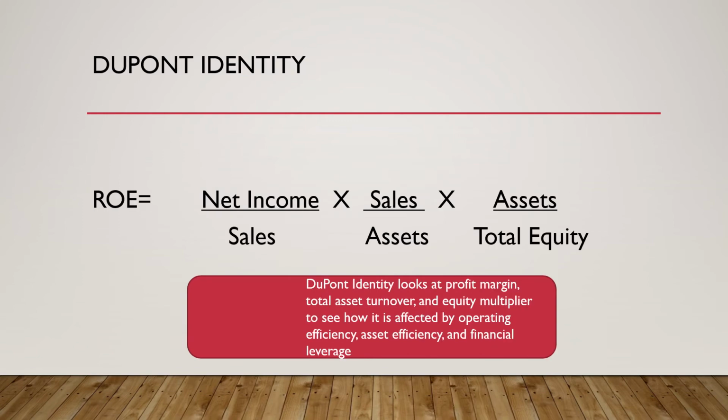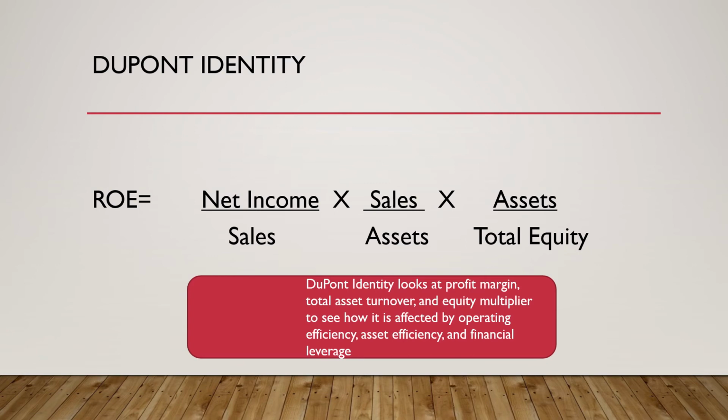The next item to look at is the Dupont Identity. This isn't a new profitability ratio, but rather it takes the other ratios, combines them, and does a little bit of math tweaking to come up with a different way to calculate the return on equity. For the Dupont Identity, we have the return on equity as net income divided by sales, multiplied by sales divided by assets, multiplied by assets divided by total equity.